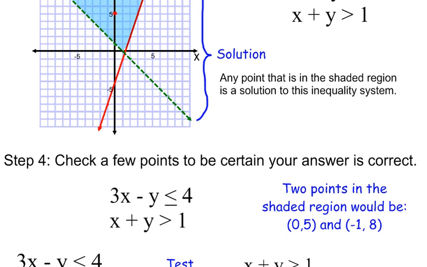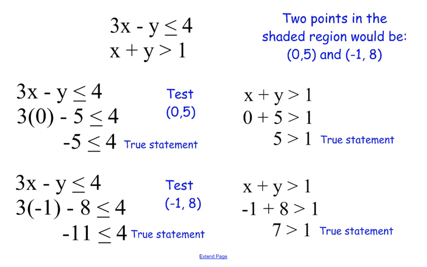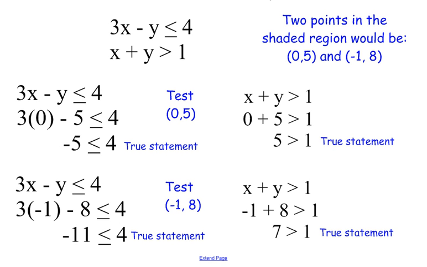And now I use some algebra to test both inequalities. I have to test 0, 5, both in 3x minus y is less than or equal to 4, and x plus y is greater than 1. And you can see here through my algebra that both situations, testing both 0, 5 and negative 1, 8, come out to be true statements, so I know I am right.